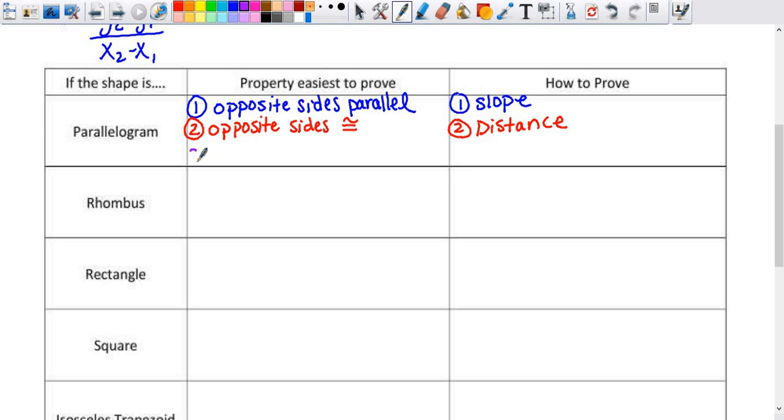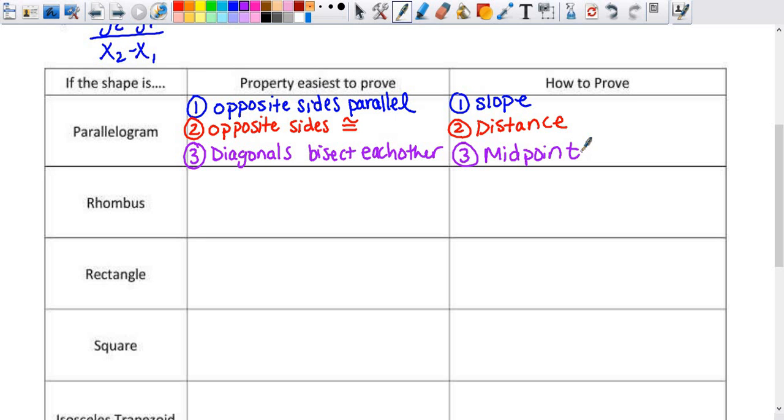So your last option, which is the easiest, is that diagonals bisect each other. And you could know that diagonals bisected each other if you used your midpoint formula on the 2 diagonals and they had the same midpoint. Okay, we've done that on a note sheet or an example before.